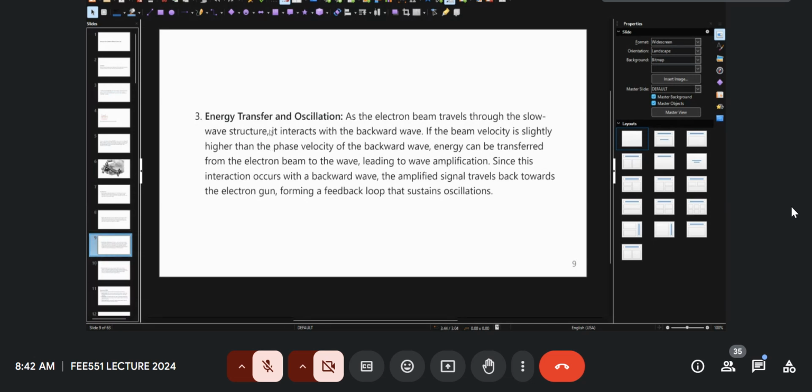Now, here in energy transfer and oscillation, as the electron beam travels through the slow wave structure, it interacts with the backward wave. If the beam velocity is slightly higher than the phase velocity of the backward wave, energy can be transferred from the electron beam to the wave, which leads to wave amplification.